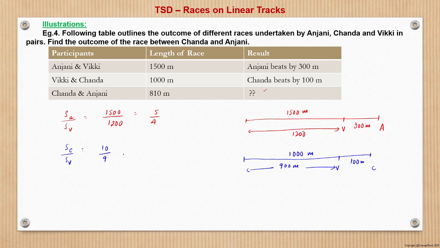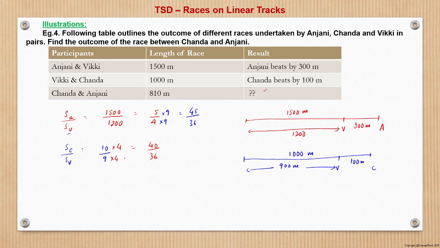Now see, to make this, the speed of Vicky here is 4 units, then the speed of Anjani is 5 units, and here the speed of Vicky is 9 units, then the speed of Chanda is 10 units. So we'll make the denominator the same. How come? Here the common link is the speed of Vicky. So here we will multiply by 9, both denominator and numerator, it becomes 45 upon 36, and here also we will multiply 9 by 4, and denominator and numerator also by 4, it becomes 40 upon 36.